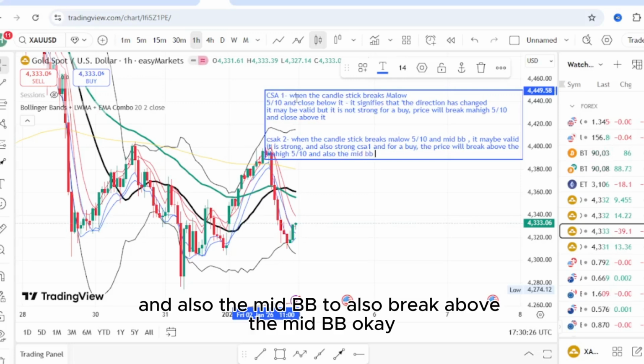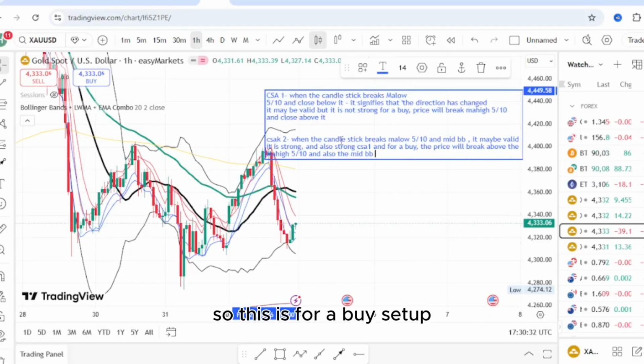So this is for a buy setup, and this is for a sell setup. A sell setup breaks the low 5 and 10 and also the mid BB. A buy setup breaks the high 5 and 10 and also the mid BB.